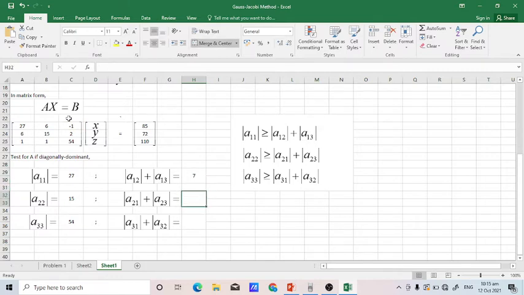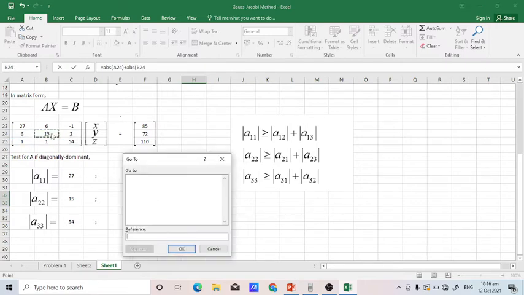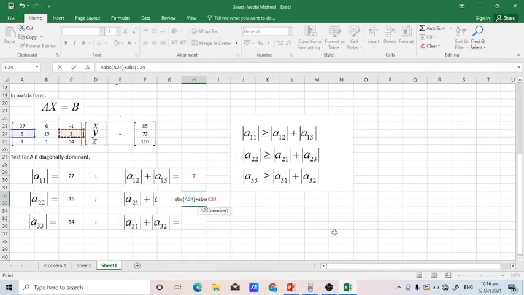And then, ito naman, absolute value of A21 plus absolute value of A23.